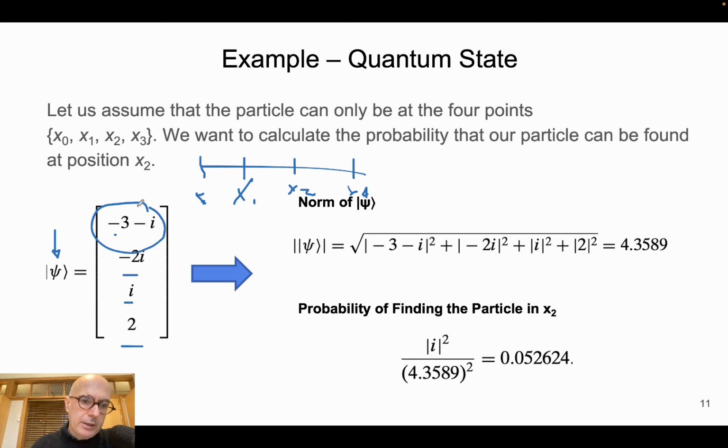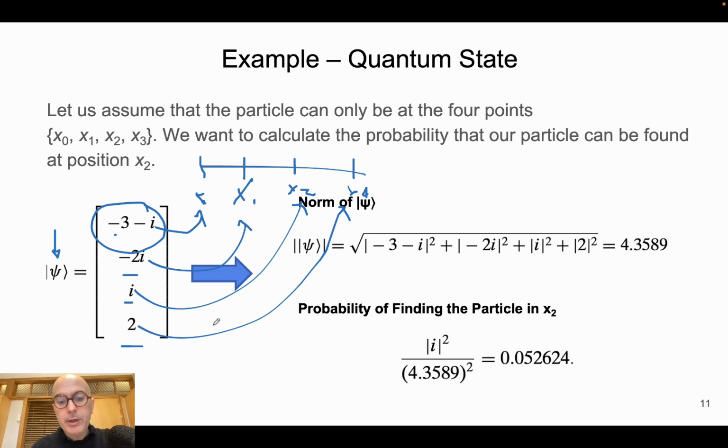If we take this number, take the magnitude, and square it, divided by the square norm of this vector, we will find the probability of finding the particle in the x0 position after the measurement. This number refers to the probability of finding the particle in position x2, and then finally this number refers to the probability of finding it in this discrete point.